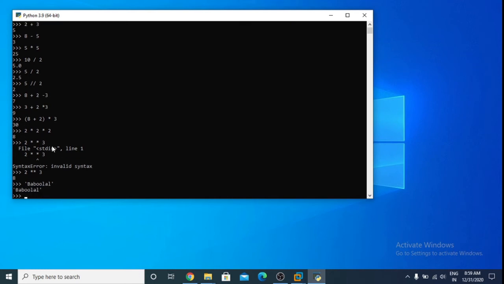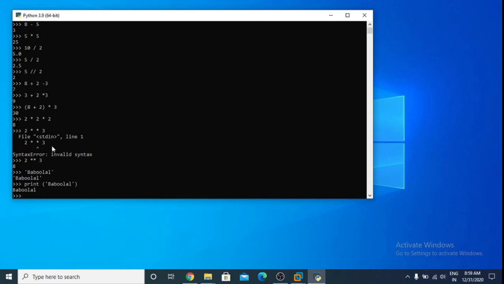Okay, so it's printed. Now I'm trying with a Python function. So Python uses the print function for printing. So I'm using here print Babulal, and press enter. Okay, so you can also do it.